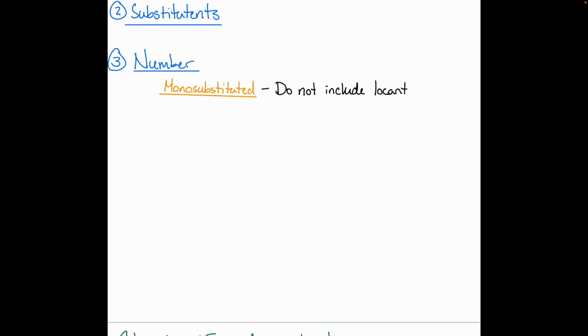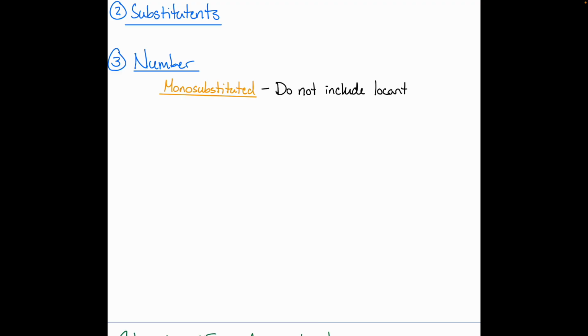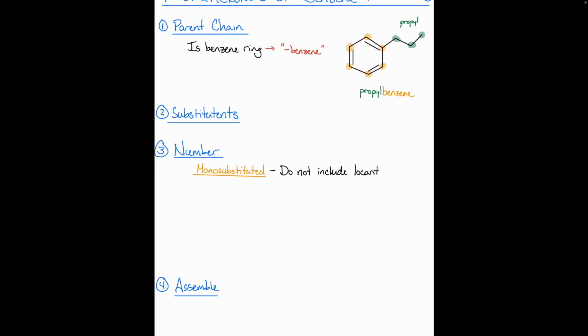I'm going to leave a bunch of room here because this is where we're going to complicate things. The last step is to just put that name together. And again, we've got nothing new to add here. If we have a benzene derivative, that benzene ring is going to become our parent chain. If it's a mono-substituted benzene ring, we're going to omit the locant of that substituent. So then everybody take a second and name this example for me.